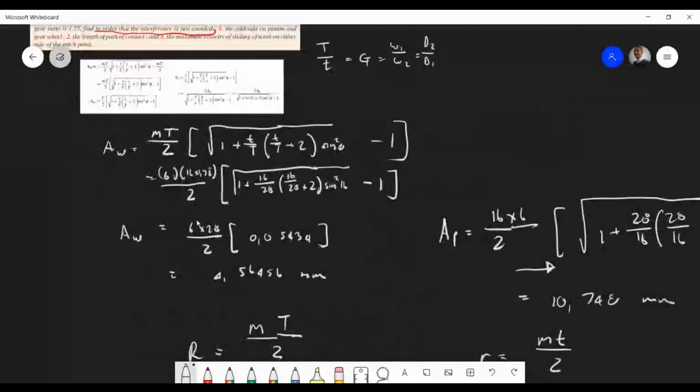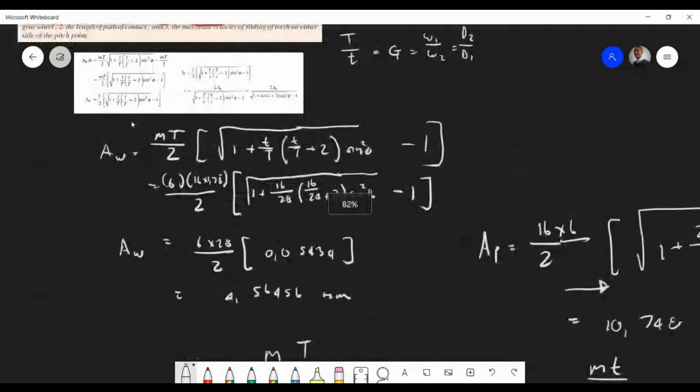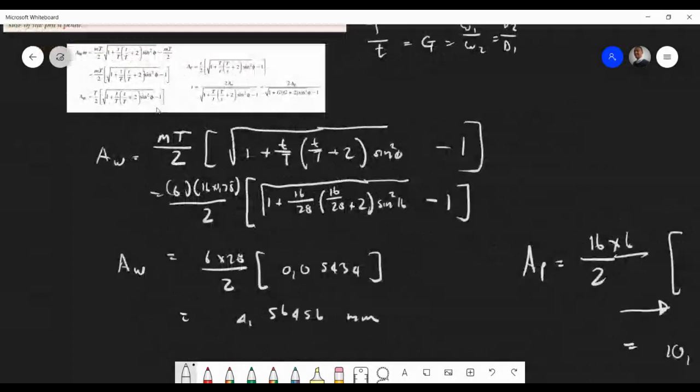Are you sure? See, AW is the small t over the big T, and that is supposed to be the pinion. This will be 6 times. I mean, sir, check this. You just labeled it wrong, so now when you're going into the equation, you're mixing it up.